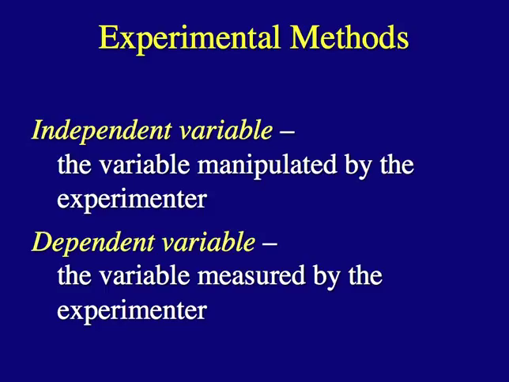This is the variable that is manipulated, changed by the experimenter, the researcher, and the dependent variable that the researcher measures and has assumed or hypothesized will be changing along with the independent variable. As the independent variable is changed, the dependent variable, which is a response to that independent variable, or hypothesized response, will change also. That's the prediction.